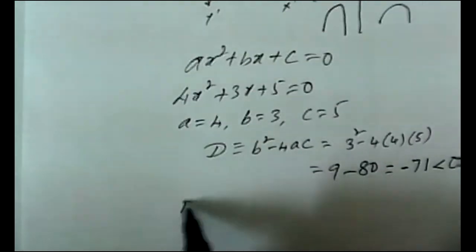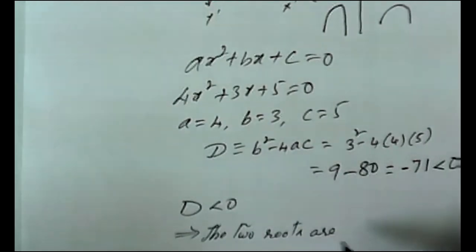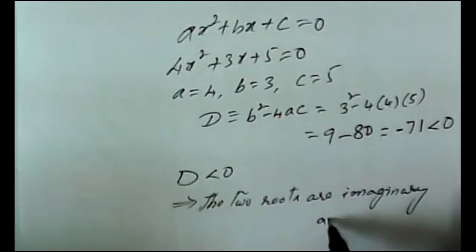So D is less than 0 implies the two roots are imaginary and distinct.